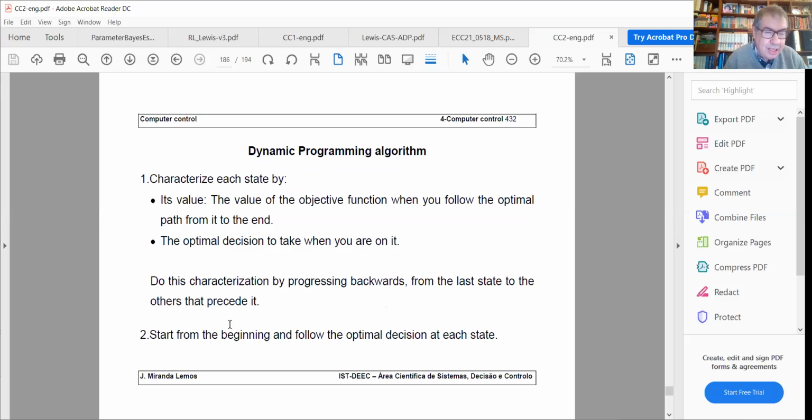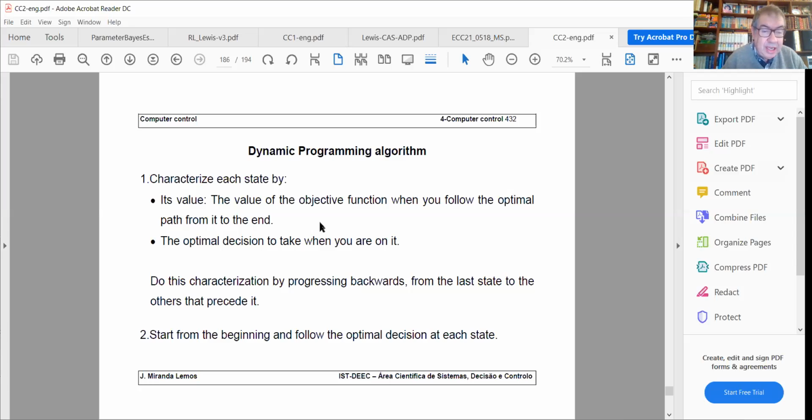This is the idea. The idea is to characterize each state by a value. Okay, the value is the value of the objective function when you follow the optimal path till the end. So if you are at some state and you want to operate your system up to the last moment in which you are defining the operation of the system, you can apply a different sequence of control actions.